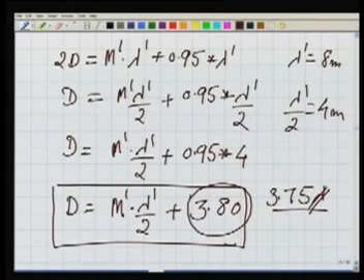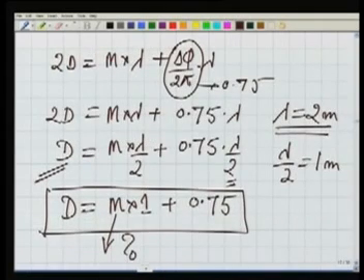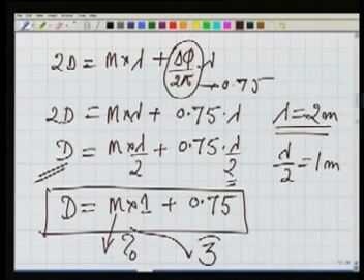What does it tell us? It tells us, in the previous case, here in this equation, that the value of m should be 3. In which case? In the case when lambda was 2 meter.